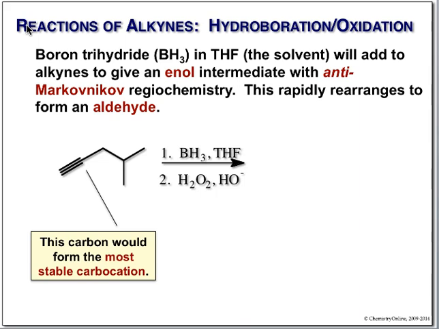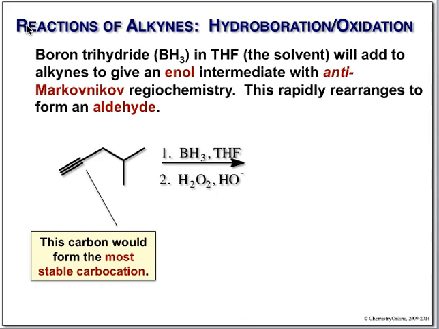That was the anti-Markovnikov alcohol. So we're going to do exactly the same process. We're going to look at our triple bond, and we're going to say which is the Markovnikov carbon. That's the carbon that would give the most stable carbocation. Our choices: primary or secondary. Markovnikov carbon would be the secondary one, wouldn't it?